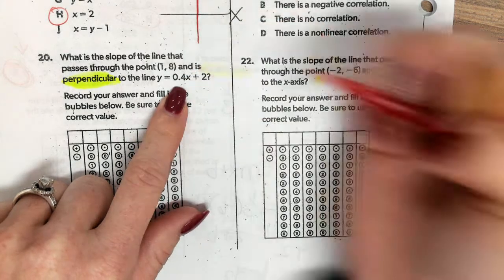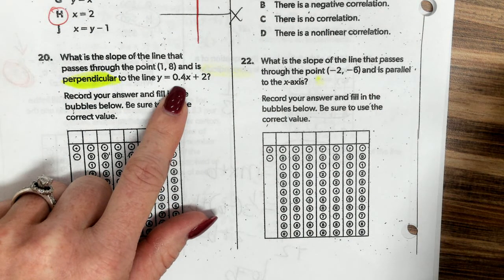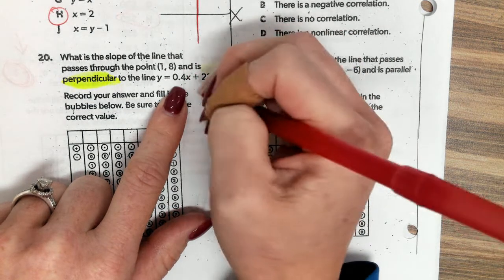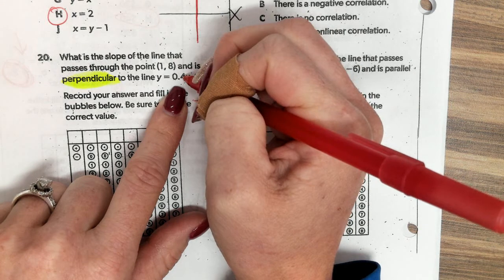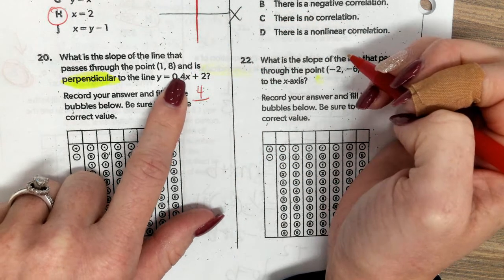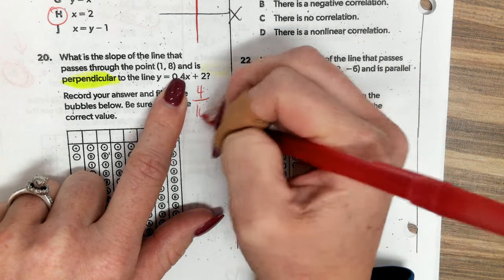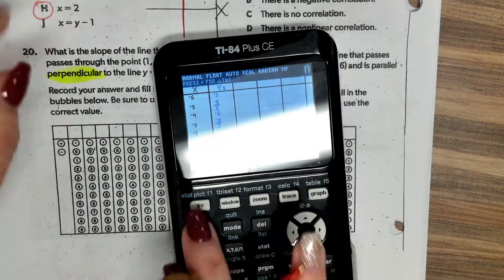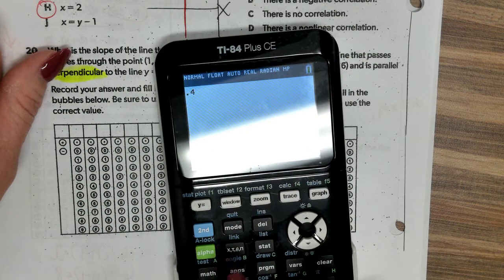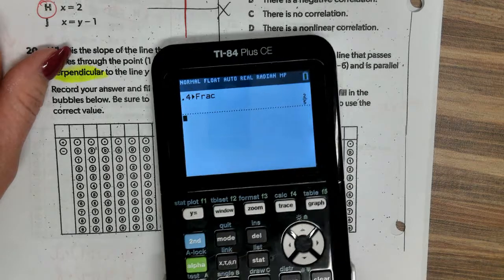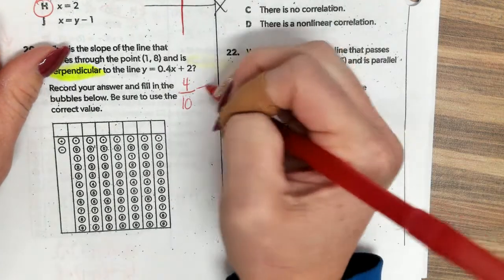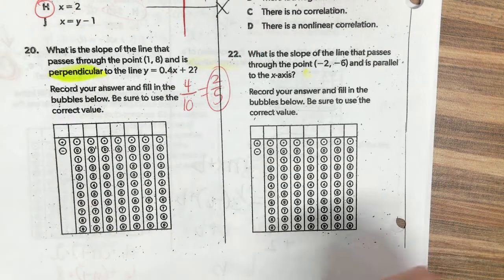So you could do it by the way they taught you in 4th grade, which is place value. That's 4 over what? What place is that in? The tens place. Or you could go to your calculator and type in 0.4 and go to math, fraction, enter. Because 4/10 reduces to 2/5.